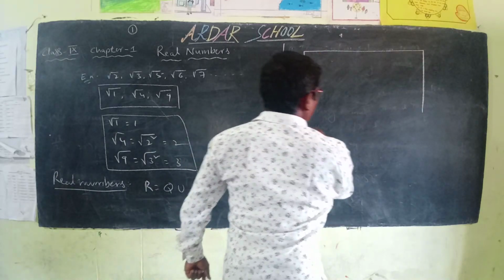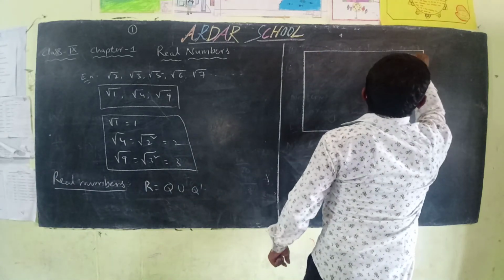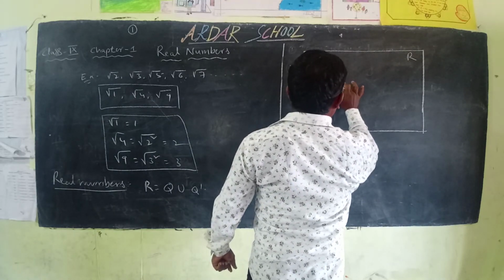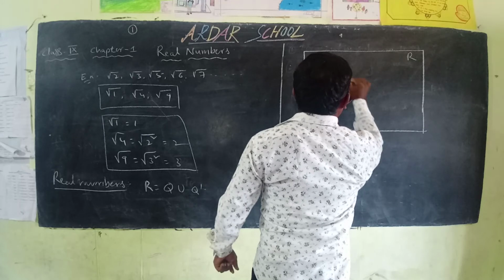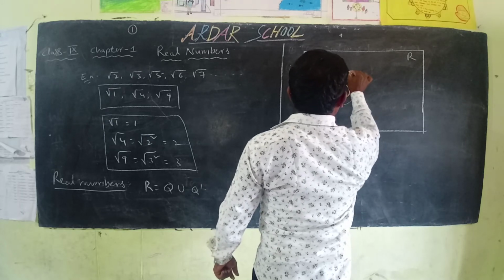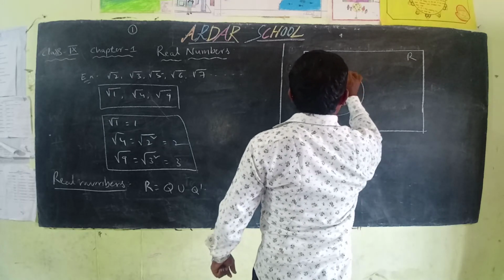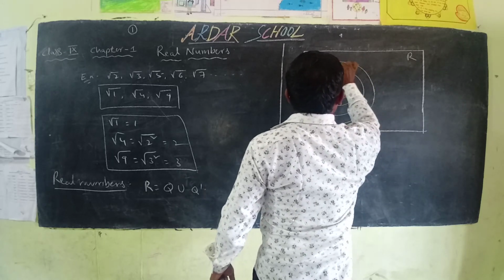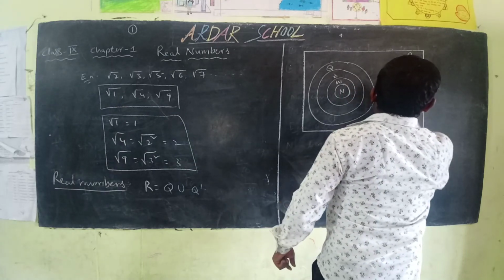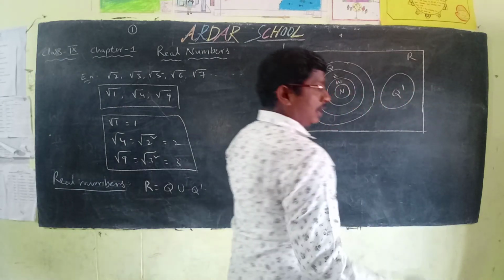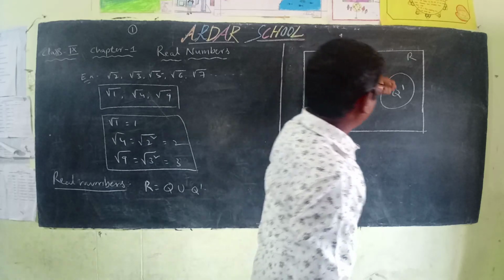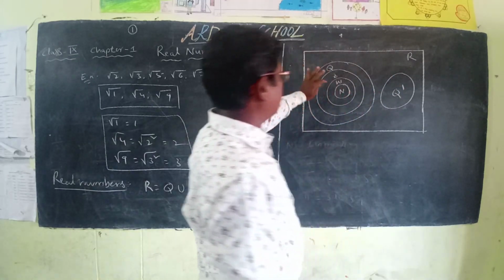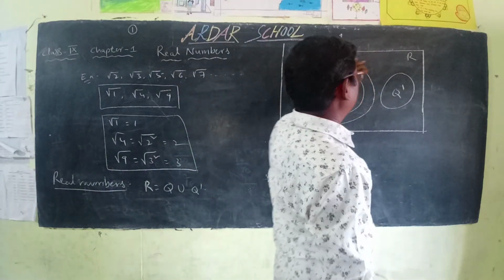This is the real number set, with natural numbers, whole numbers, integers, rational numbers. This is Q dash, irrational numbers. The combination of rational numbers and irrational numbers is called real numbers. This is the Venn diagram of real numbers.